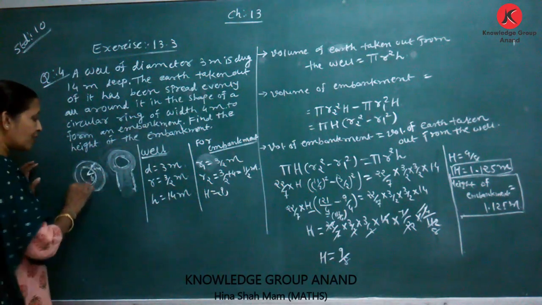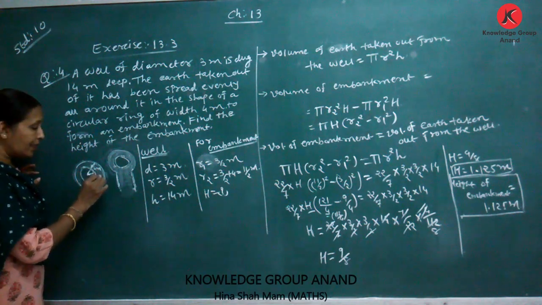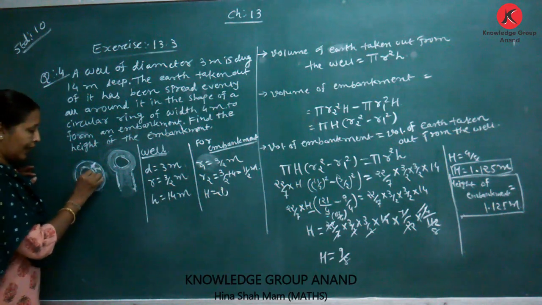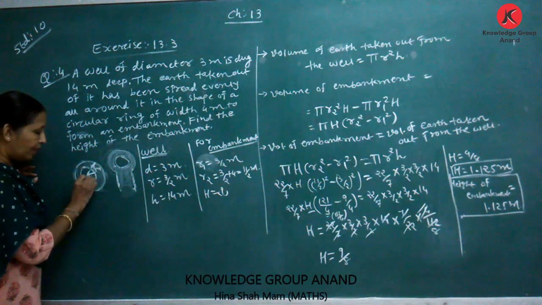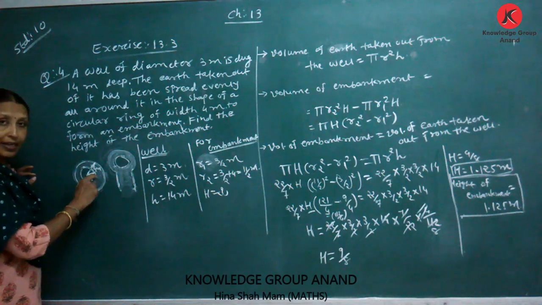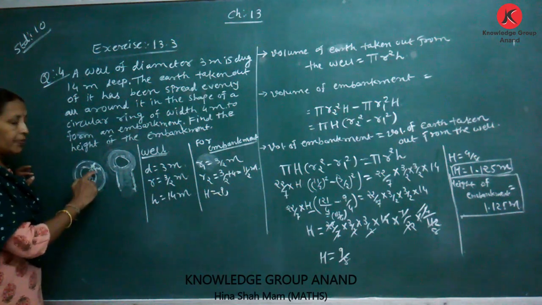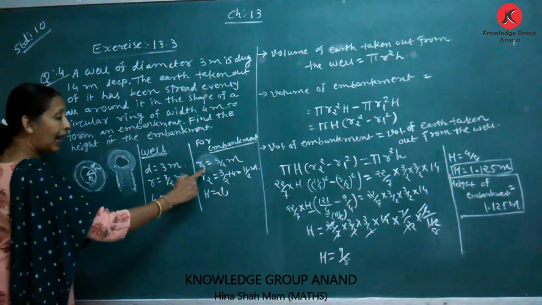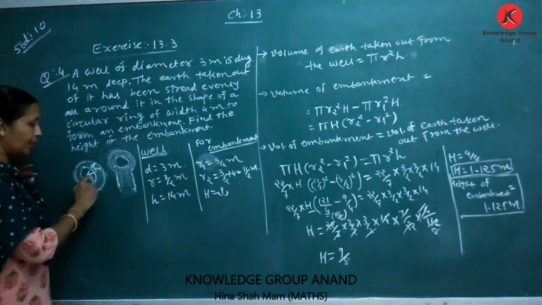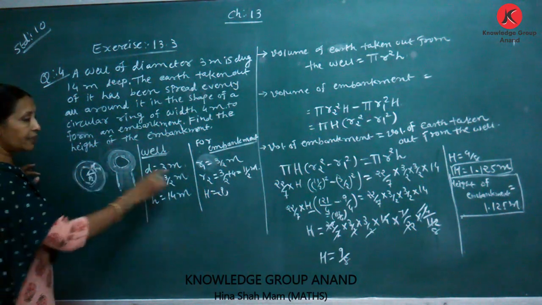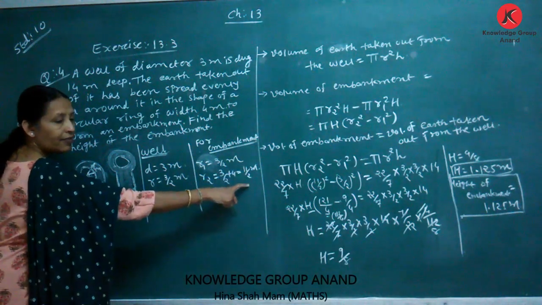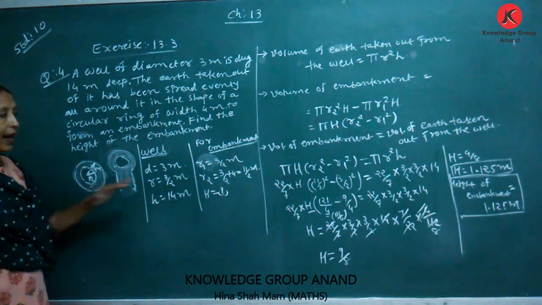The radius of the well is 3 by 2 and the ring is 4 meter wide. For the embankment, r1 is 3 by 2 and r2 is 3 by 2 plus 4, that is 11 by 2 meter. Then find the height.